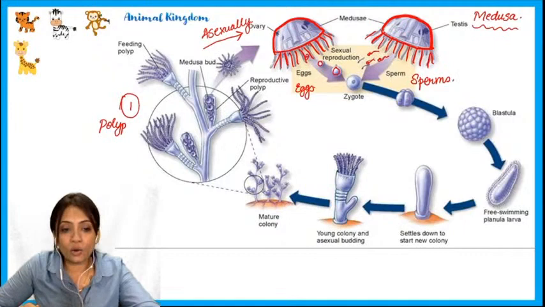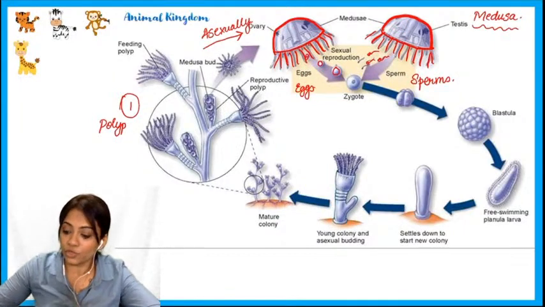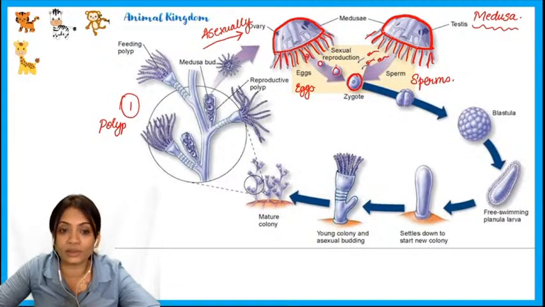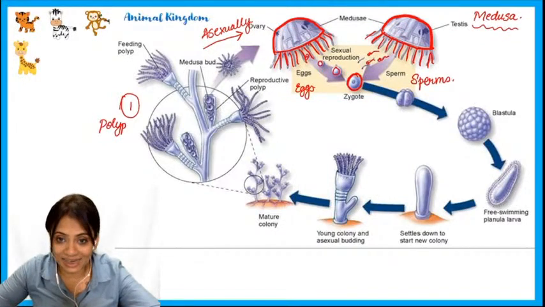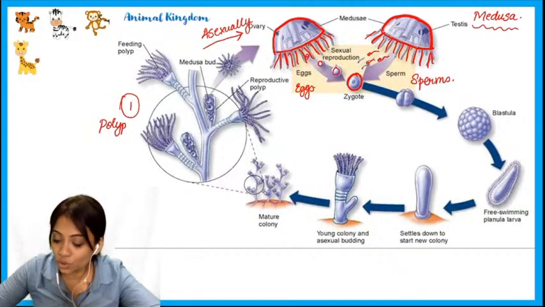Alright, now what do we see? Now these eggs and the sperms are going to be fusing and they will fuse to form a zygote. Okay, can you see over here? This is the zygote that is formed here. Now we see that that zygote is going to grow. Can you see how that zygote is growing?